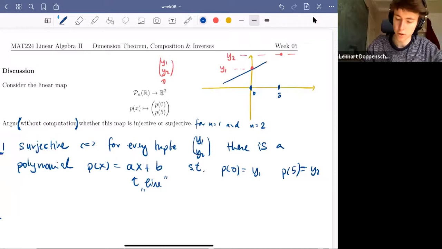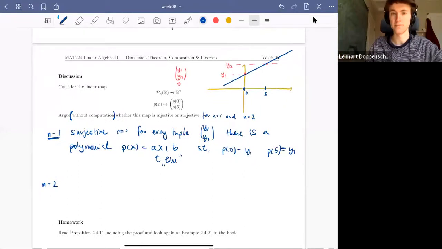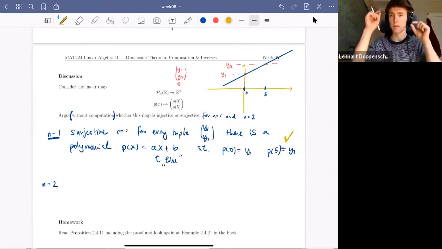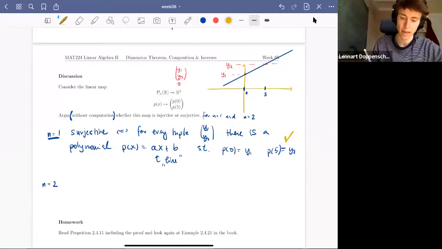You could just draw a line through these points, and that will be a polynomial of degree 1. So this is indeed true, and we could do some math, but it should be really clear intuitively that when you specify 2 points, it's always possible to find a line through these points, and that will be some polynomial of degree 1.